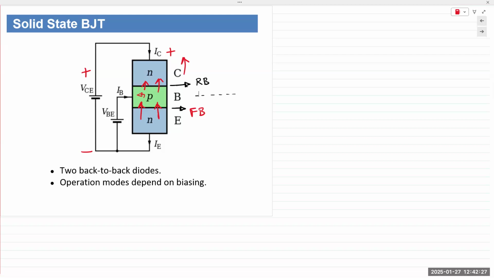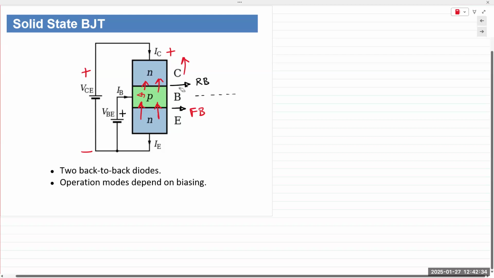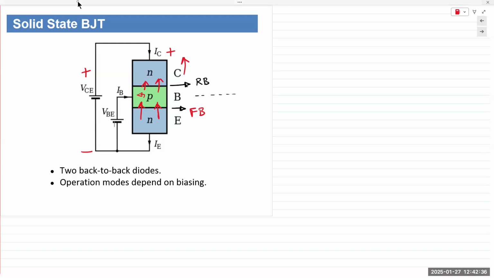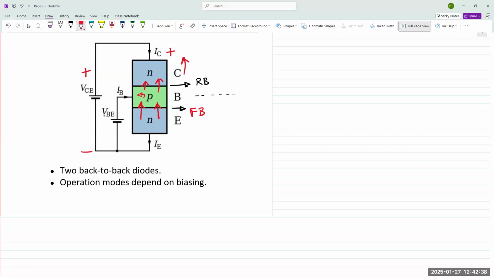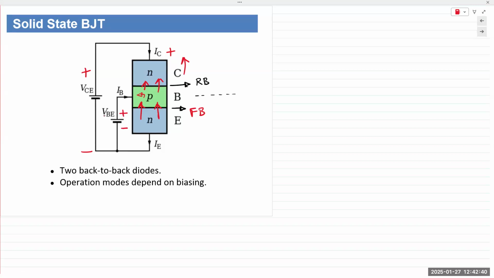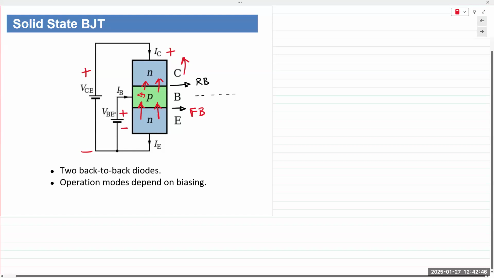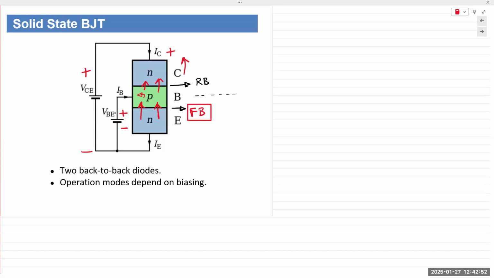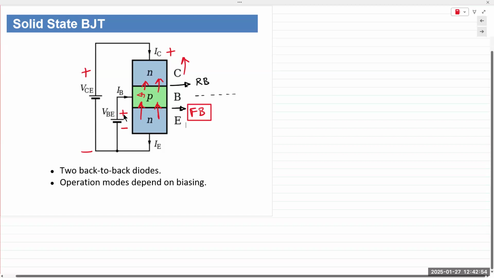So we have the base emitter junction, and we apply a positive bias to the base and a negative to the emitter. In an NPN transistor, that means we are forward biasing the base emitter junction. And if we forward bias a base emitter junction, it behaves like a diode, like a normal regular diode.